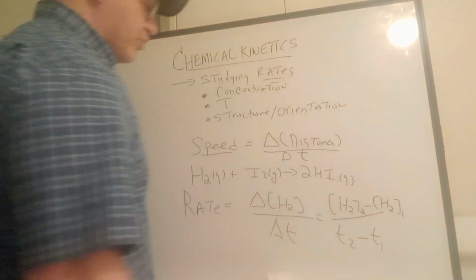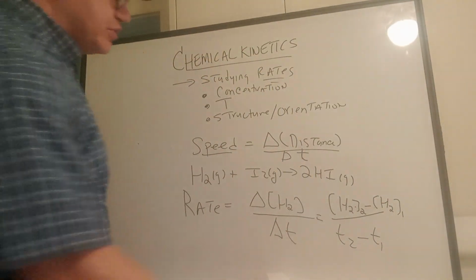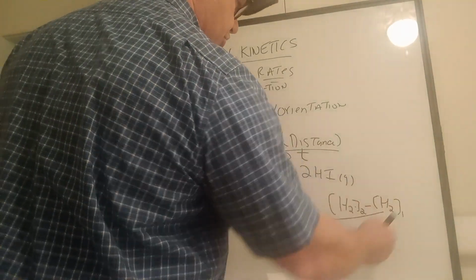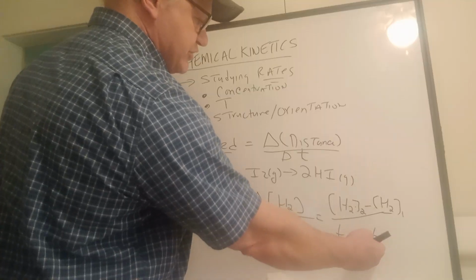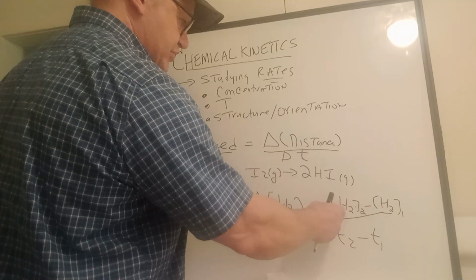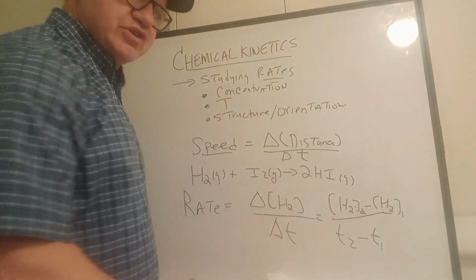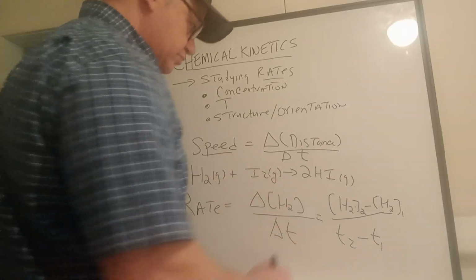I'm just using the subscripts here to represent that this is later and this is earlier in the reaction. Now, look at this. t2 could be 10 seconds, t1 could be 1 second. That's positive, but hydrogen is decreasing over time, so the top is negative. So we have to correct for this just by convention.